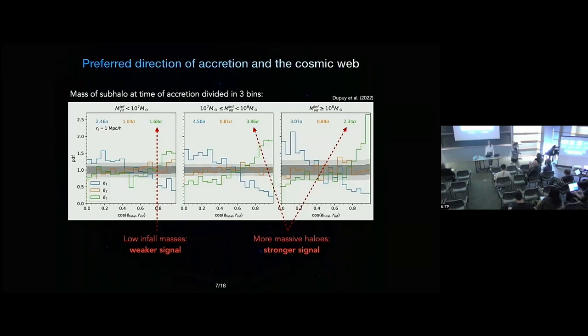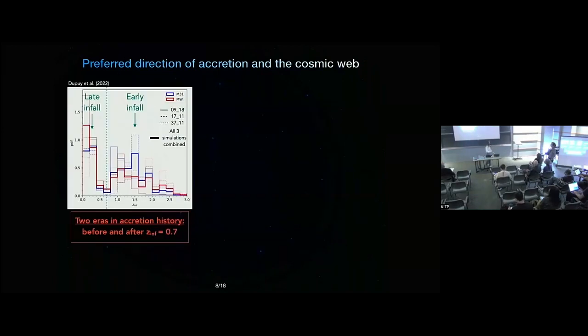Other questions? So I'll ask a simple question. I didn't quite understand how you divided the late and early infalls. So yes, we observed in this plot that we have two populations of satellite galaxies.